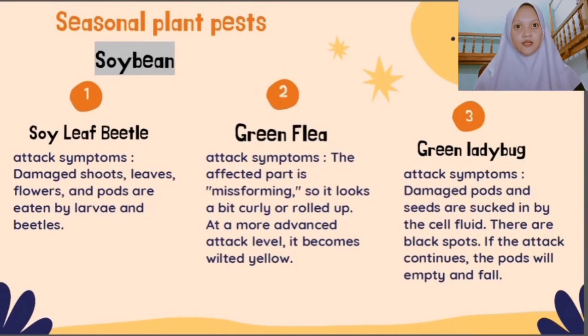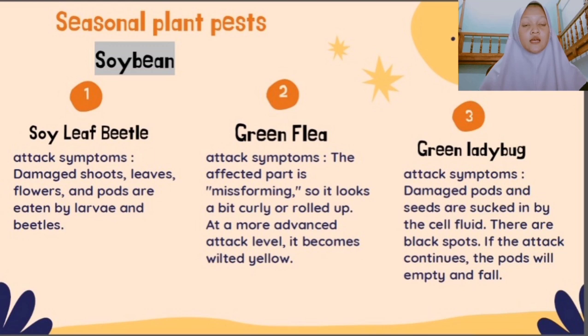Next, soybean. 1. Soy leaf beetle. Attack symptoms: damaged shoots, leaves, flowers, and pods are eaten by larvae and beetles. 2. Green flea. Attack symptoms: the affected part is misshapen, so it looks a bit curly or rolled up.